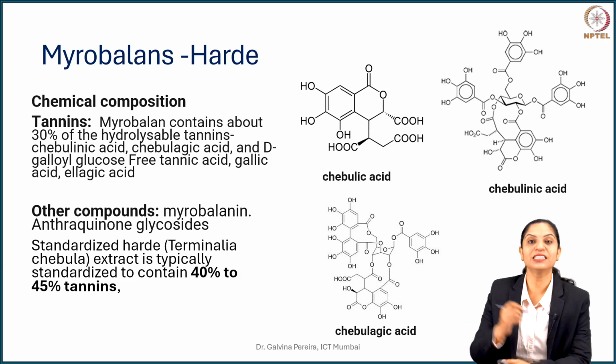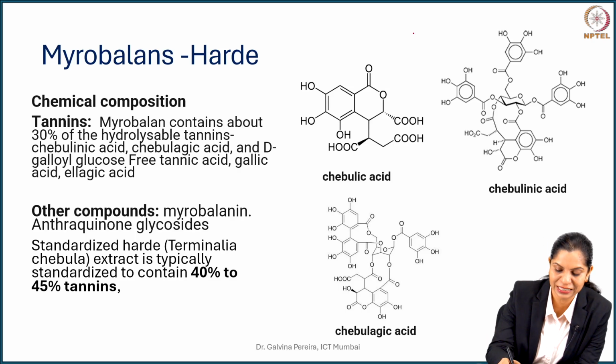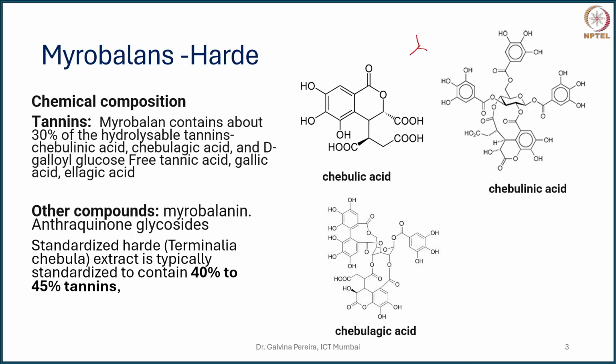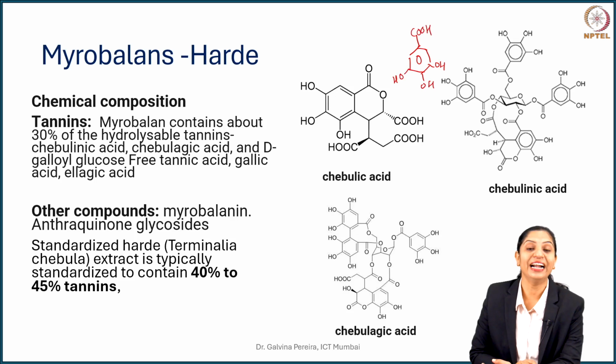So if you see, principally when I am dealing with gallic acid, it is a very simple compound. It is nothing but a trihydroxybenzoic acid. Now when two such molecules of gallic acid join together and condense to form a lactone, you call it as your ellagic acid.